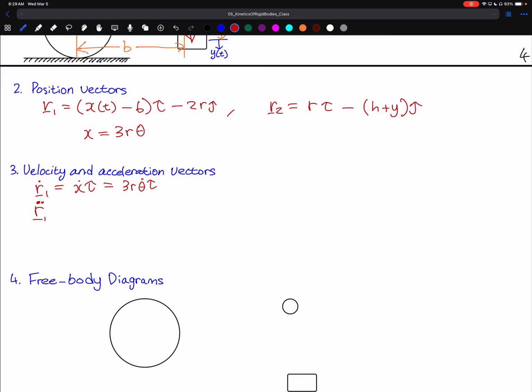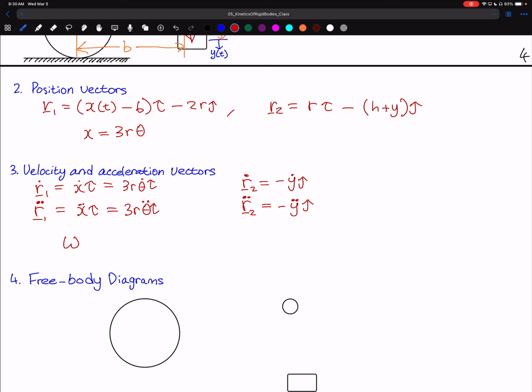R1 double dot is going to be equal to x double dot i, equal to 3r theta double dot i. R2 dot is equal to minus y dot j. R2 double dot is equal to minus y double dot j.